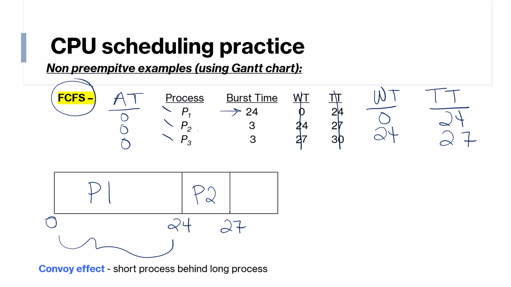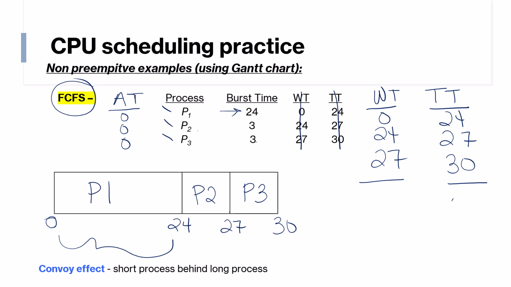Now we have P3. P3 has a burst of 3 time units, so P3 had to wait 27 time units to get on the CPU, and P3 has a turnaround time of 30 time units. So if you add these up and divide by 3, you can get the average.